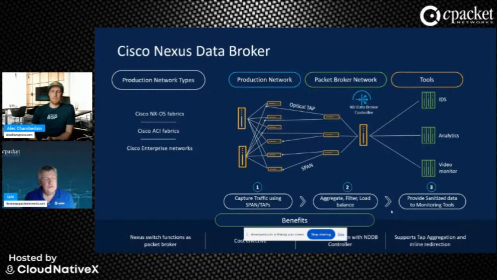Is that something that you've seen, Alec, people deploying things in different ways as you've been around the industry? Yeah, absolutely. Everybody can skin a cat a different way, right? There's a million ways to actually solve problems. But what Nexus Data Broker and cPacket actually offer you is the most straightforward way of making use of what you already have available to you, right?